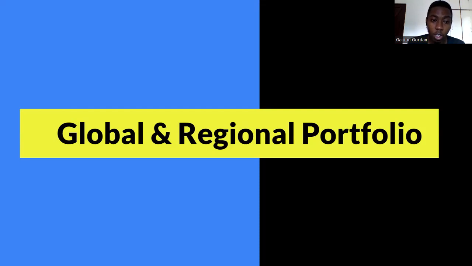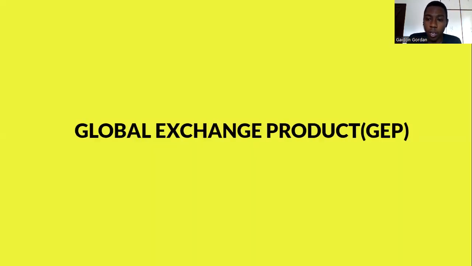So moving forward, we have global, regional, and even entity portfolios, depending on how you package the products and services that we'll be offering. With the global and regional portfolio, we have the first group of products that we call global exchange products.